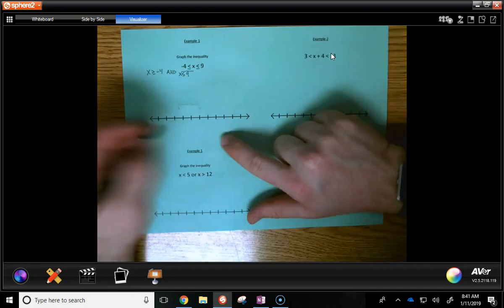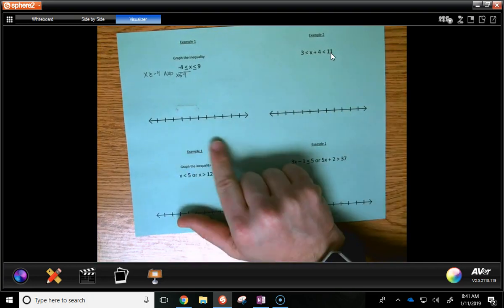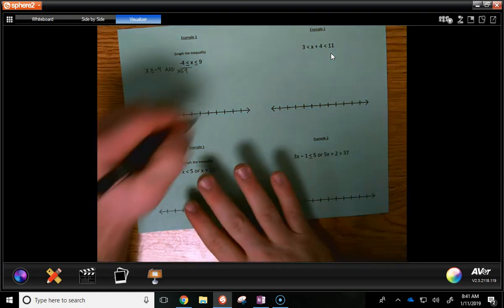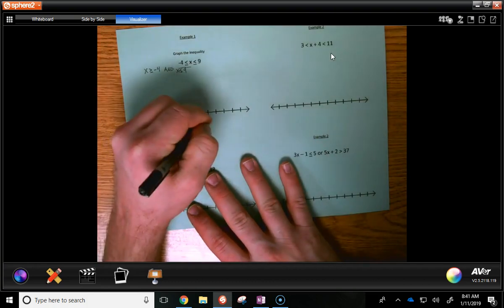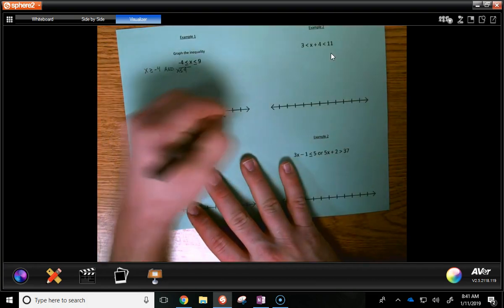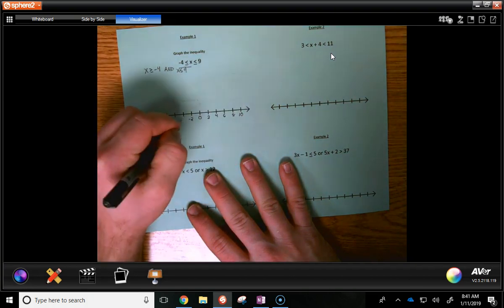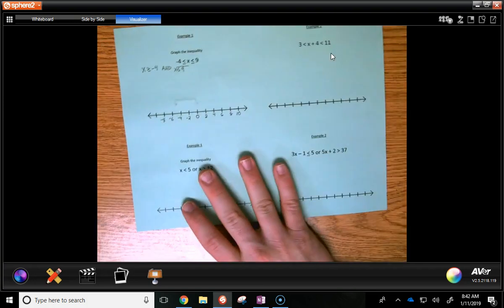So I'm going to go to the first one. When I do my graphing, I have to make my number line, and I have to pay attention. I know I have to go between -4 and 9. So I'm still going to put 0 and just go by 2's: -2, -4, -6, -8, and so on.